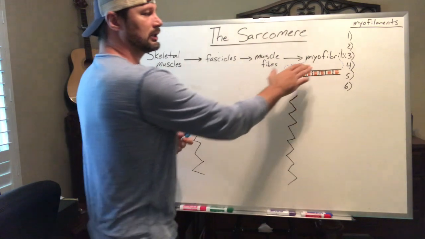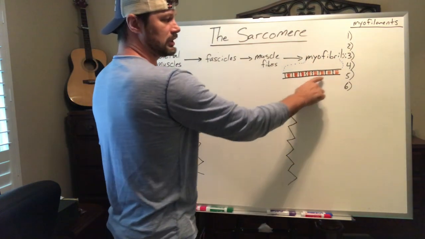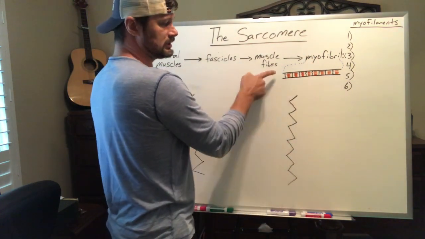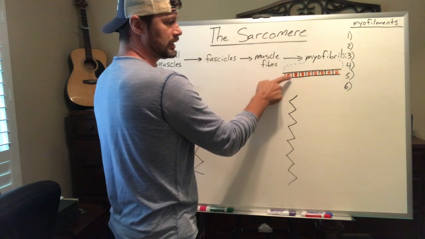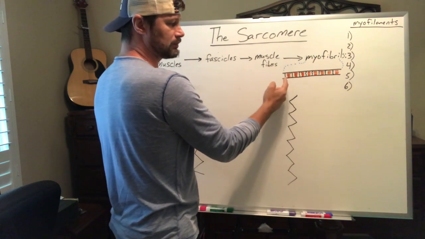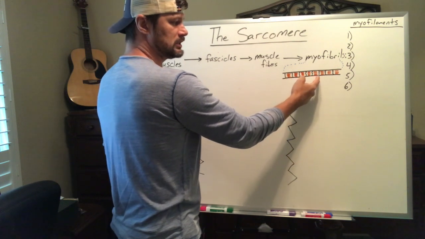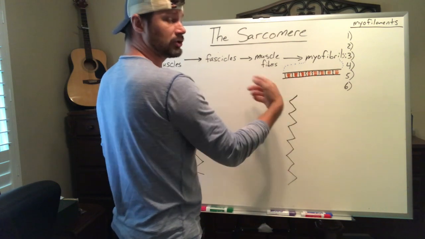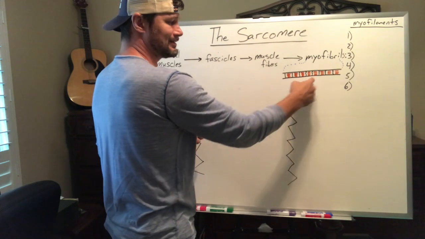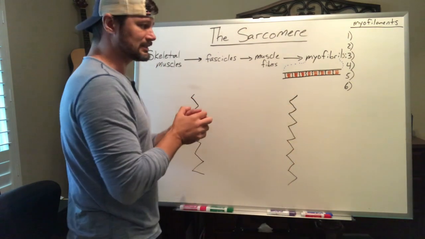So let's take a look at the myofibril. If you look at an individual myofibril, what you're going to see is a ziggy-zaggy line, and multiple repeated Z lines over here. These are called Z discs. The ziggy-zaggy lines are called Z discs.